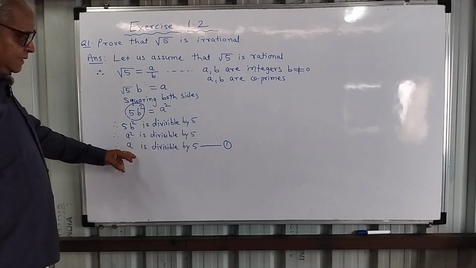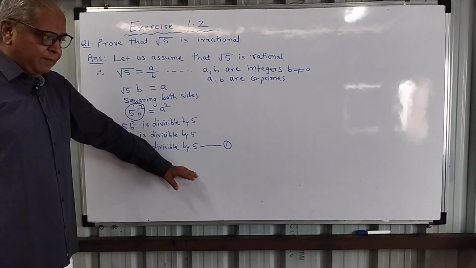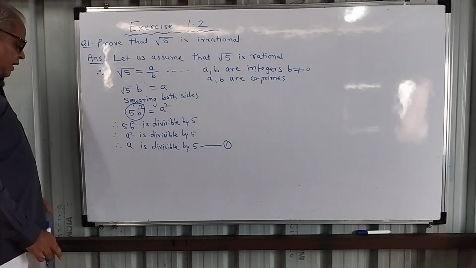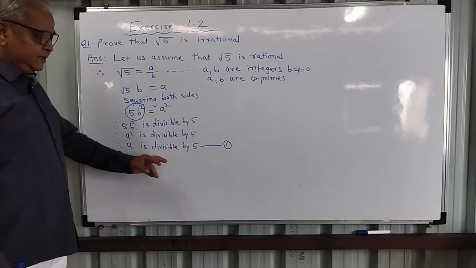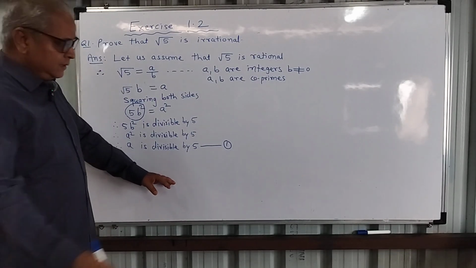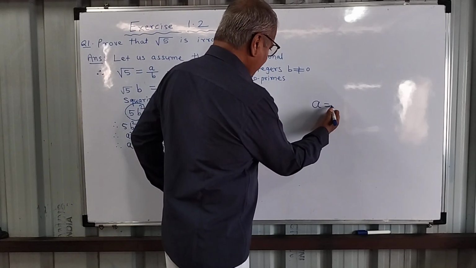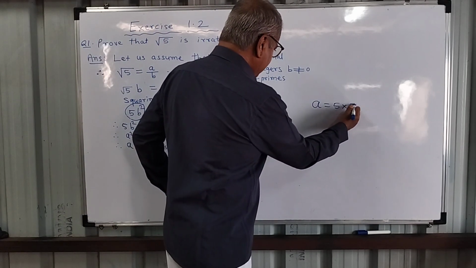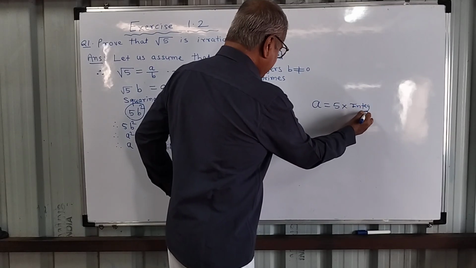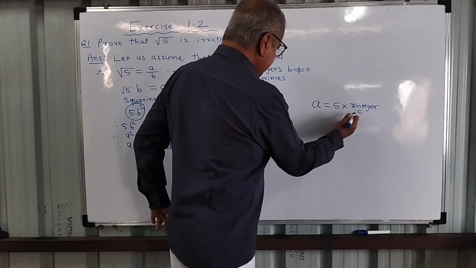a हा 5 ने डिव्हिजिबल आहे हे सांगून ठेवलं आपण. Now as a is divisible by 5, we can write a is equals to 5 into any integer. Let that integer be c.